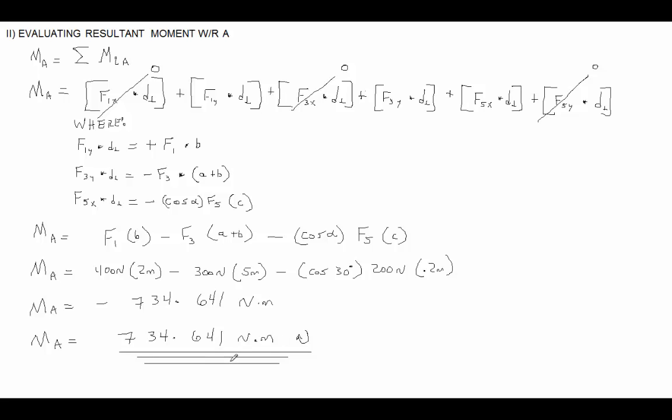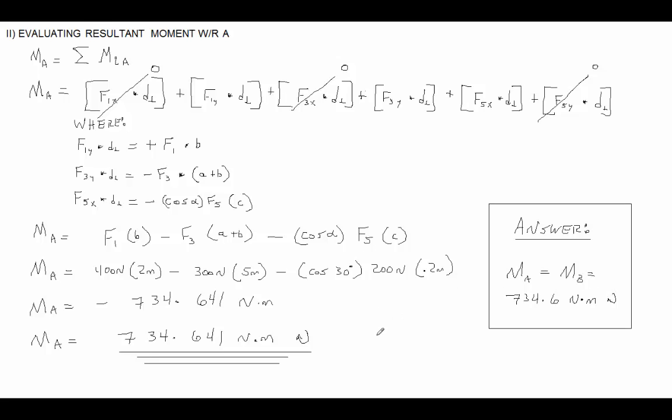All the couples will produce moments that don't change based on the point we analyze. So in our answer box then, you'll find that MA equals MB equals 734.6 in the clockwise direction.